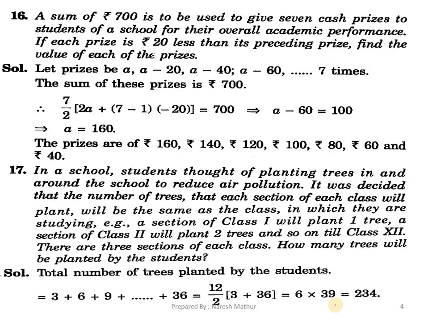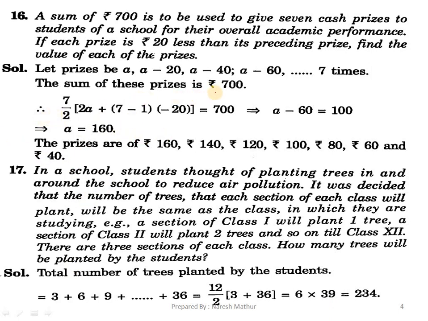Next one. A sum of 700 is to be used to give 7 cash prizes to the students of a school for overall academic performance. If each prize is 20 less than its preceding prize, find the value of each of the prizes. Now, total money is given as 700. It means we can consider it as Sn.